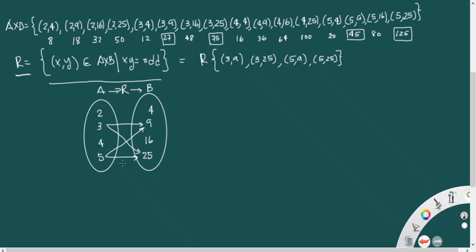So this is the description of the relation between the set A and set B using this R statement and making it true.